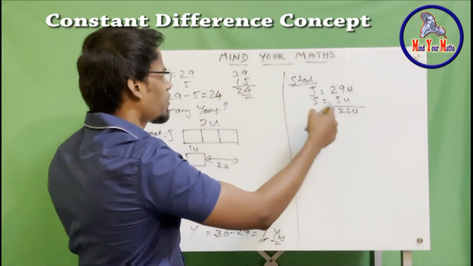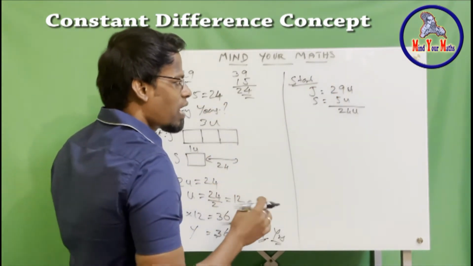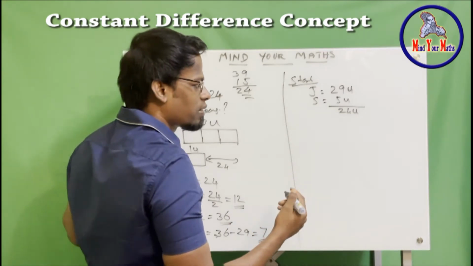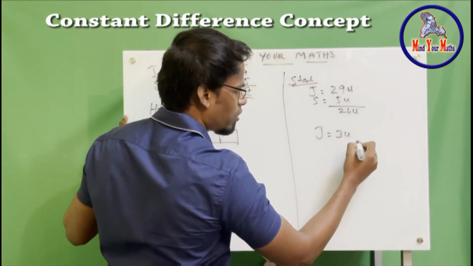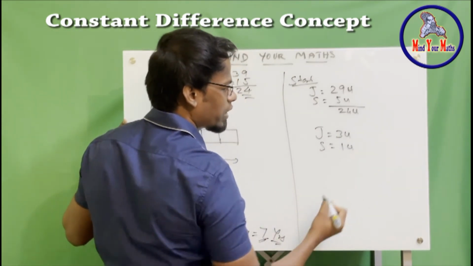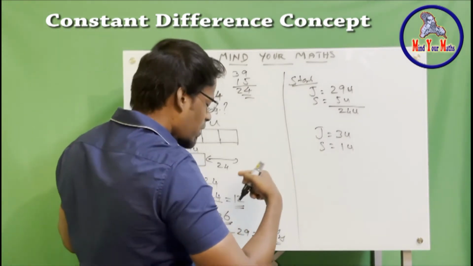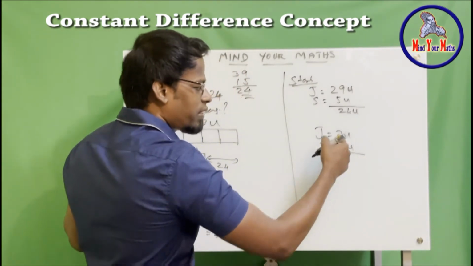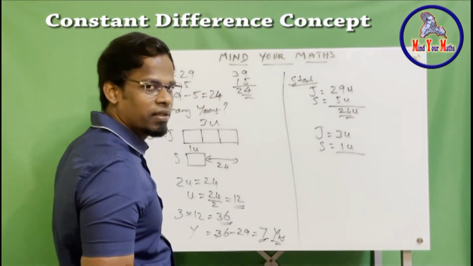And this one, as we saw here, is always going to be constant. Now at the end state, John is going to be 3 units and his son is going to be 1 unit. Same concept: the difference between them will always be 24 years.